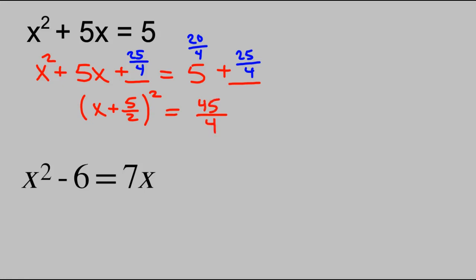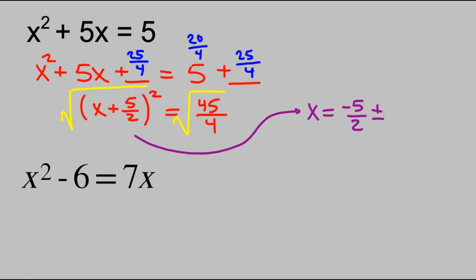So we have a fraction. Take the square root of both sides, because we got the x stuff by itself, sort of. We're going to end up with x is equal to, the 5 halves goes on the other side and becomes a negative 5 halves, plus or minus the square root of 45.